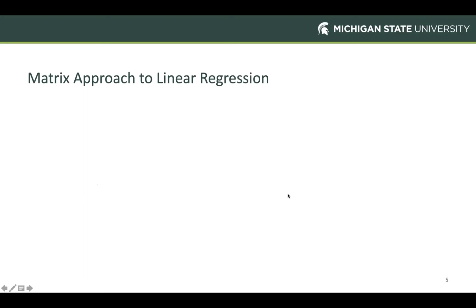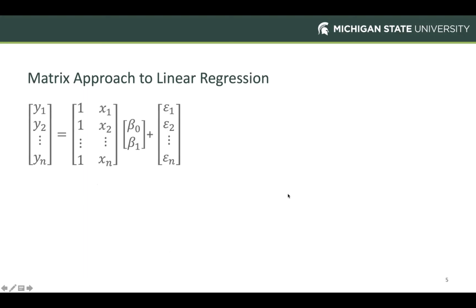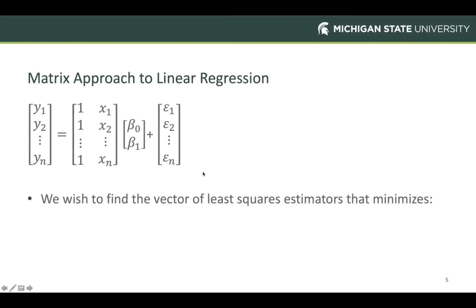As we look at this, again in matrix notation, our general setup is as shown here. Interestingly, our approach in linear algebra is similar to what we had done previously when we worked through the least squares normal equations, just using some simple algebra. In this case, we're again minimizing the sum of the squared error terms, which are represented by epsilon here.